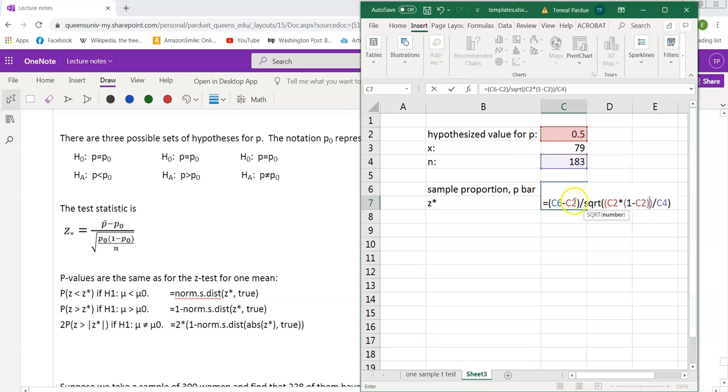And it may help to count the parentheses. So we know we've got this one closed, but on the bottom, we've got 1, 2, 3 open ones and 1, 2, 3 closed ones. So that's a good sign. So we get our test statistic of negative 1.8481.